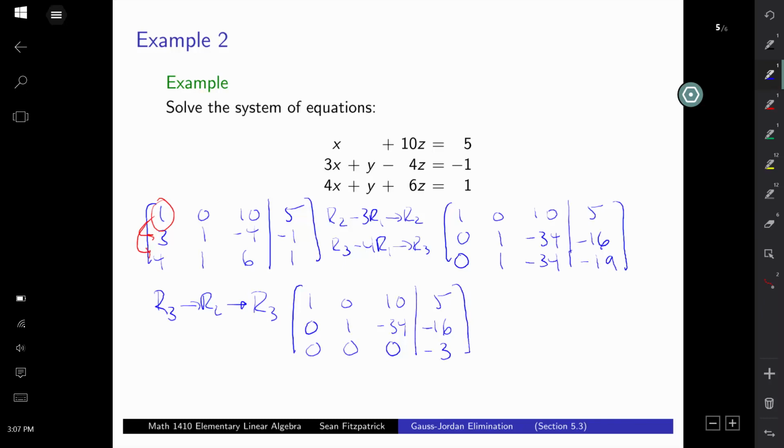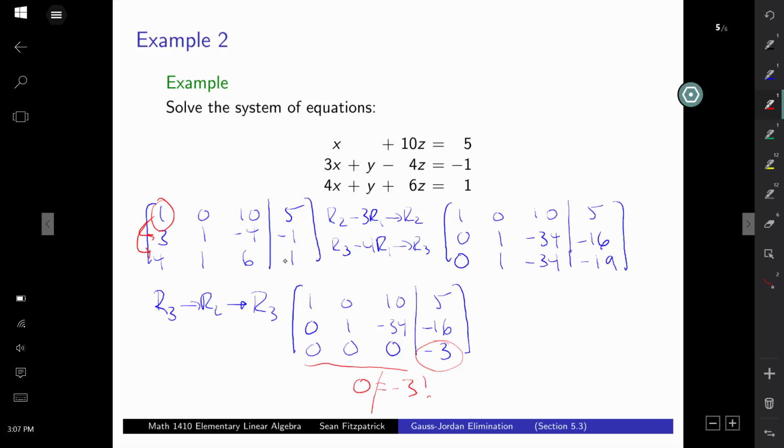Okay, so I stop at this point. Technically it's not in row echelon form because this entry is the first non-zero entry in the third row, right? But do I continue reducing from here? No, I don't do anything more, because what does that third row tell me? This third row says that 0 equals minus 3. Well, that's not true. So what can we conclude in this case?